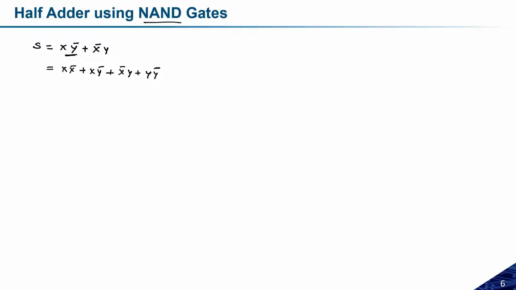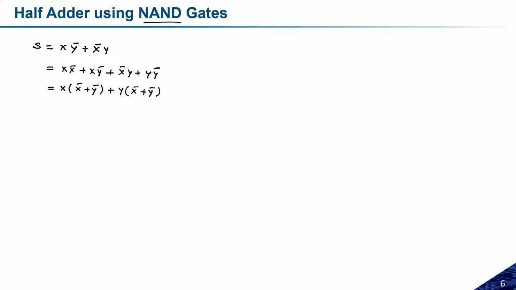If I have this kind of expression, it is the same as the previous one and will not create any problem, but it will help us simplify. From the first two terms, if I take x as common, I will get x bar plus y bar. And in the second term, if I take y as common, I again get x bar plus y bar.